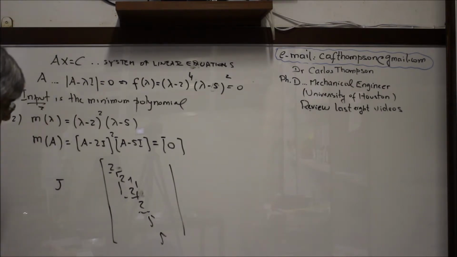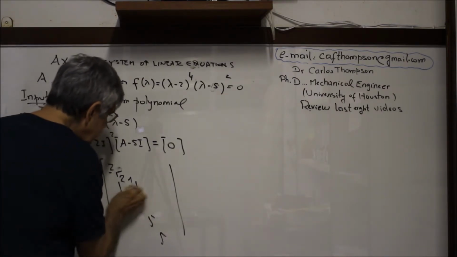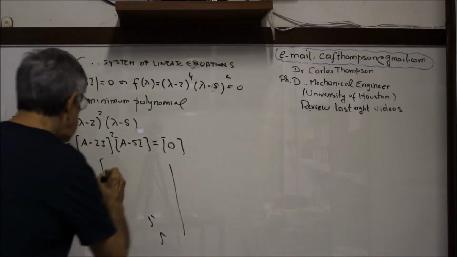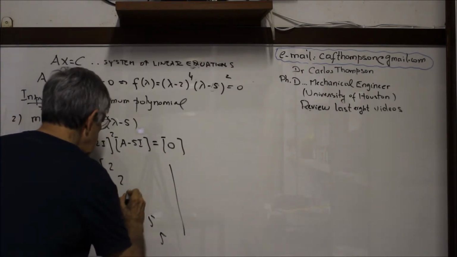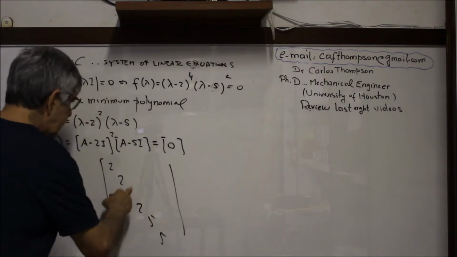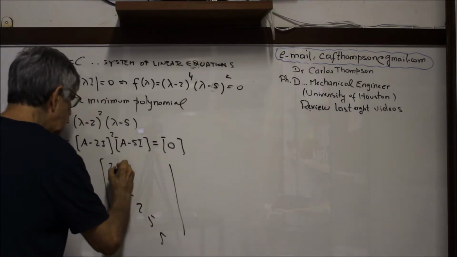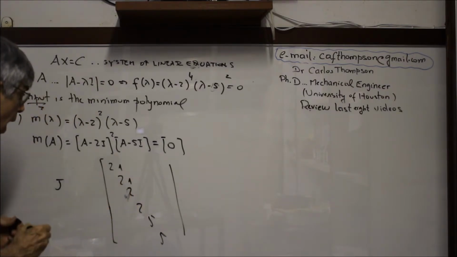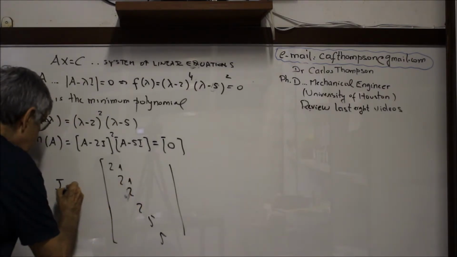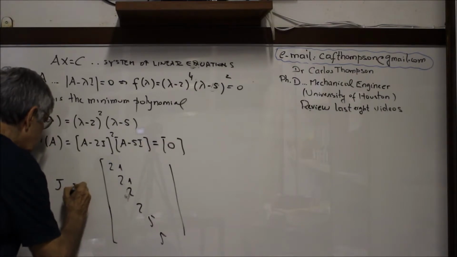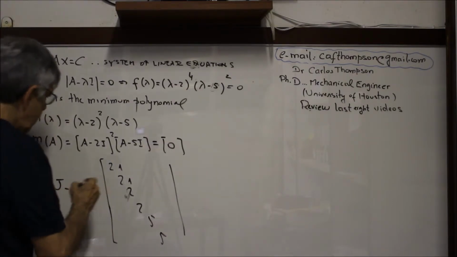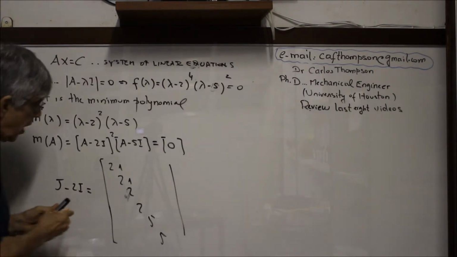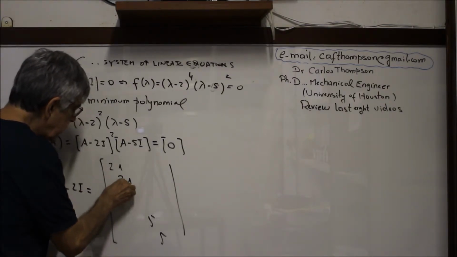But I cannot put 1, let's put 2, 2, 2, 2. I cannot put 1 here and 1 here. Why? Let's write j minus 2i over here, okay? If I write j minus 2i, I'll have 0 here.